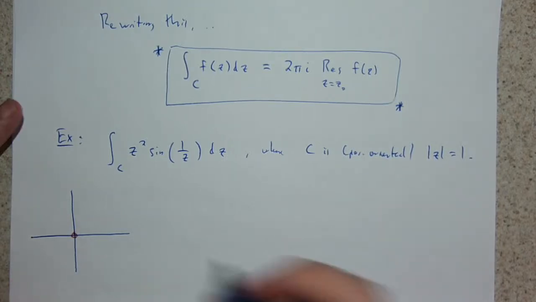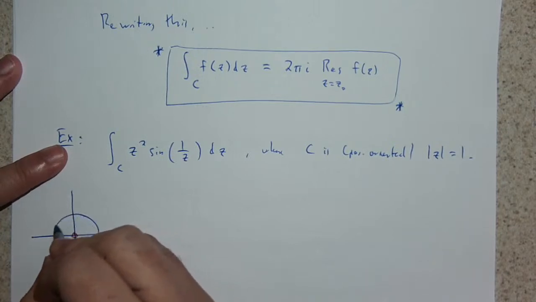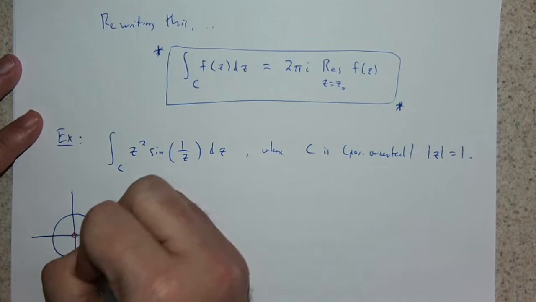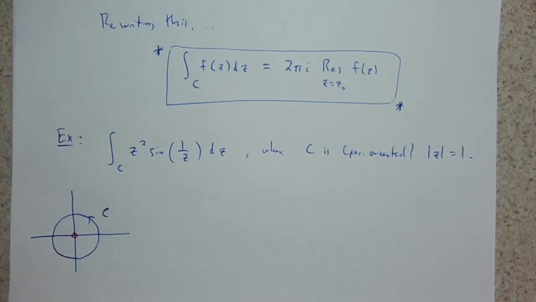Here is my C, which is a positively oriented simple closed contour that goes around that isolated singular point. Even if I didn't know my singular point was isolated, the second that I'm able to draw a simple closed contour surrounding a finite number of singular points, then I know that they have to be isolated singular points, even if I hadn't thought about it much before.